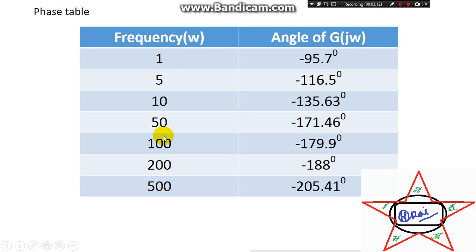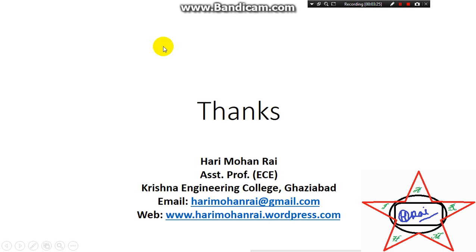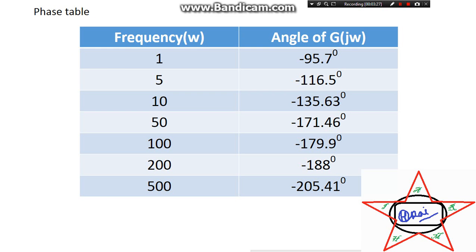Similarly, the question will come into your mind: how is this omega value selected? I'll suggest you select the omega values in such a way that the minimum value of angle should be approximately 100 to 110 degree, and the maximum value should be more than 180 degree.